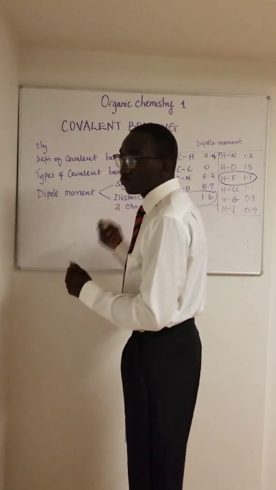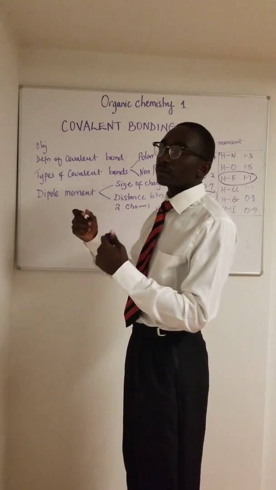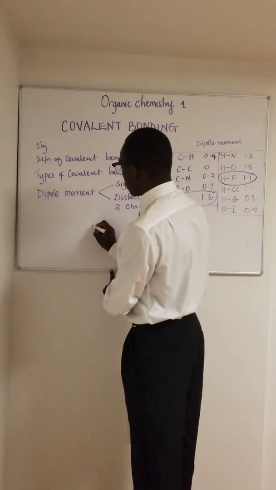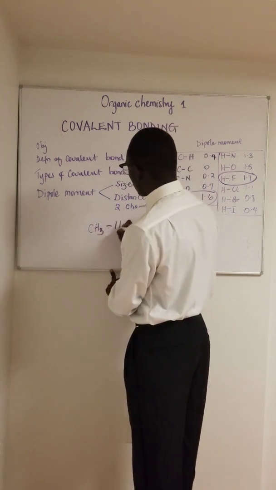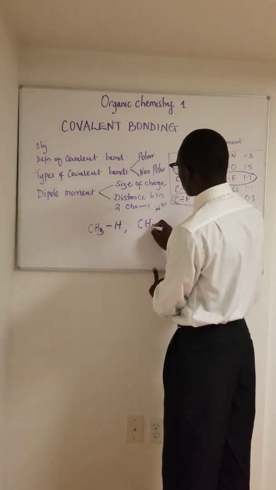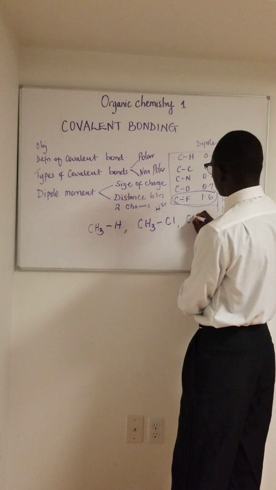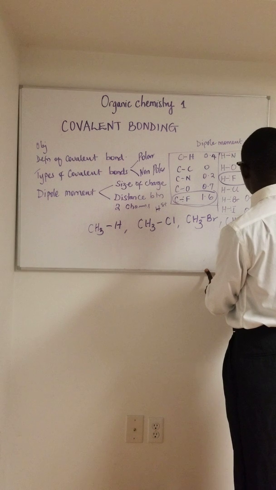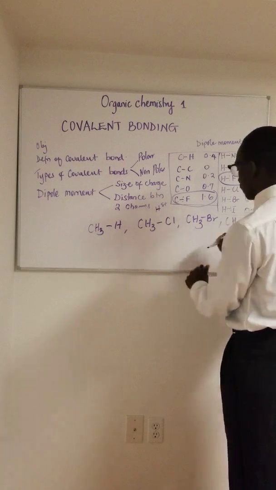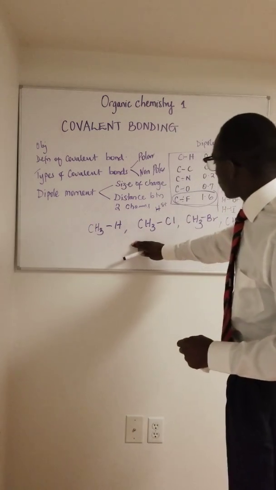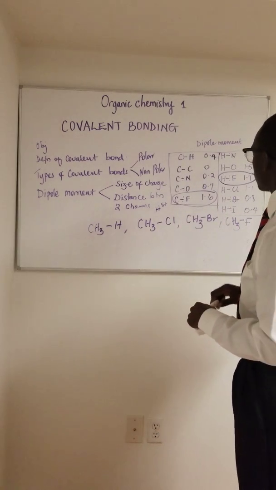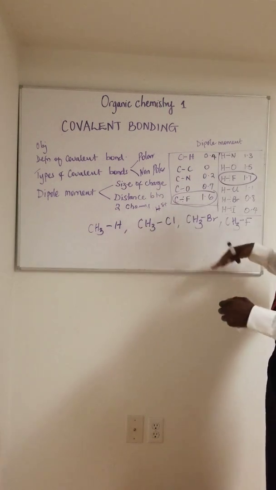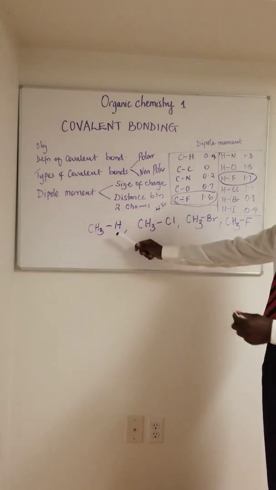There are very many questions that they usually ask in organic chemistry, and one of them is they can ask you which of the following has the smallest or the largest dipole moment. If they give you a set like this and ask which has the largest dipole moment, or which is the most polar, you refer to electronegativity.